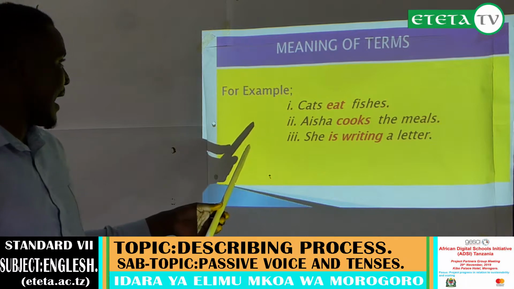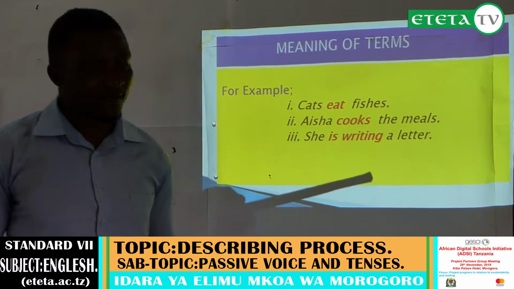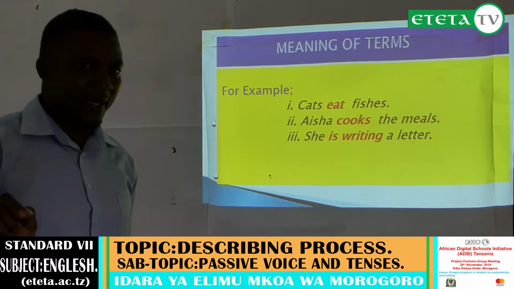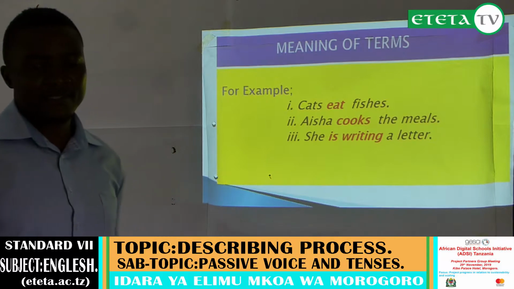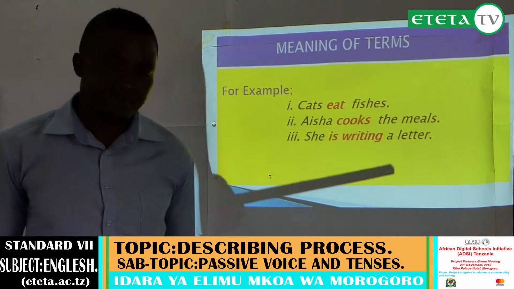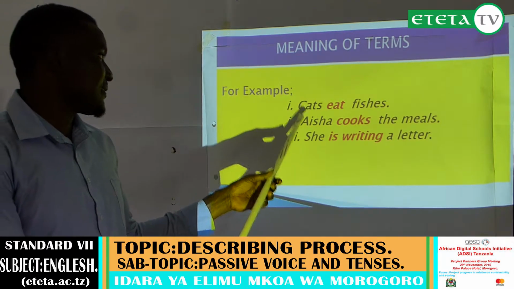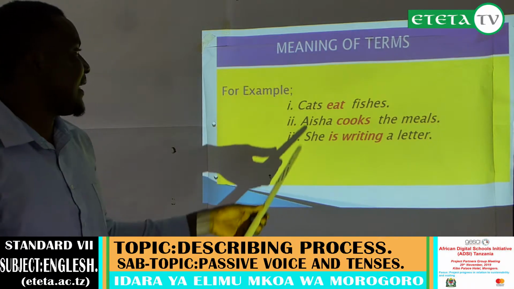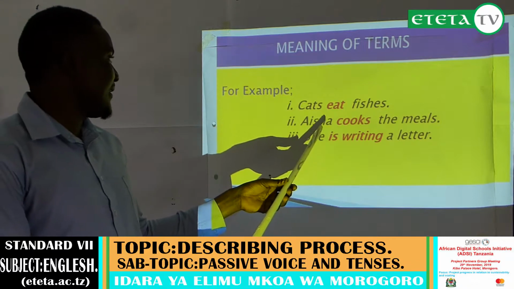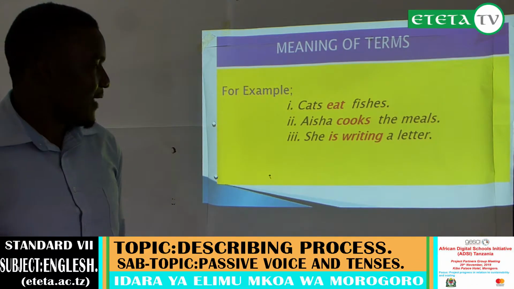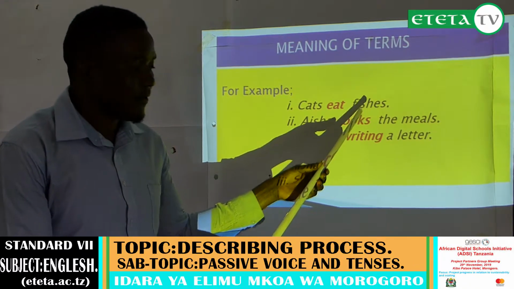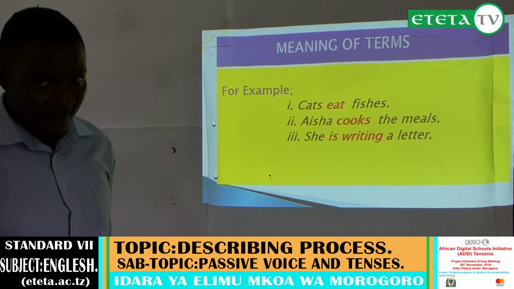As I said, active voice is when the verb form indicates that someone or a thing performs the action. So here, cats is the subject which performs the action. What action does the cat perform? The action performed by the cat is eating what? Fishes. Are we together? Yes.